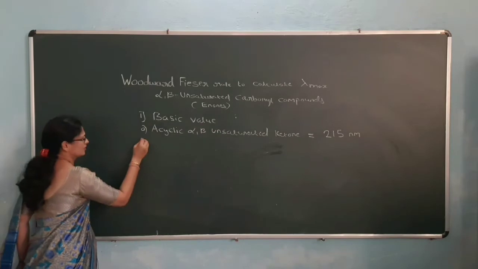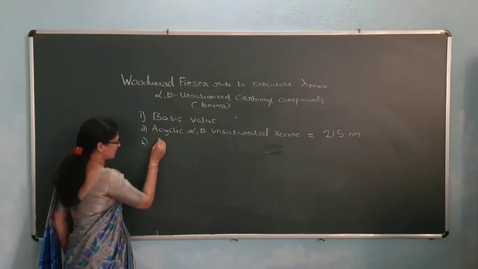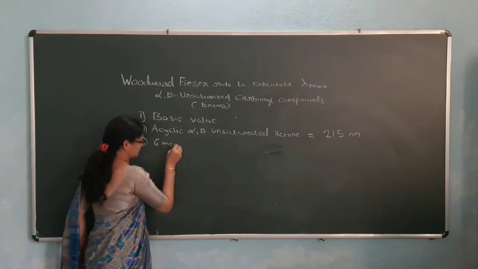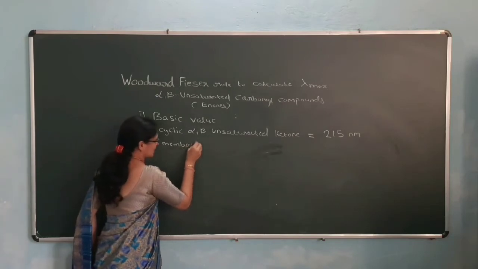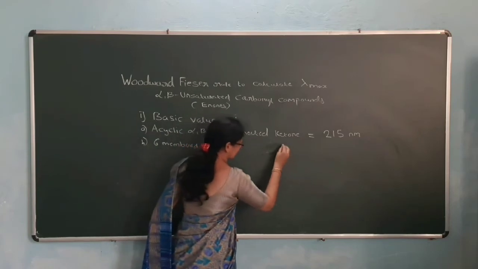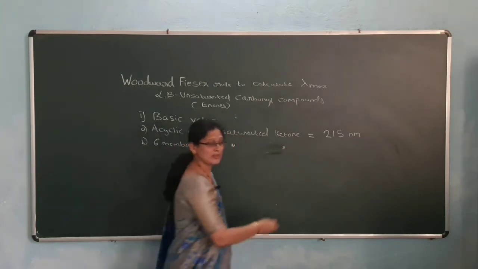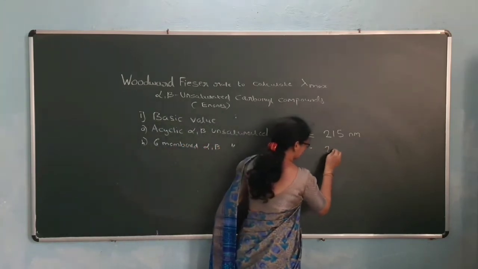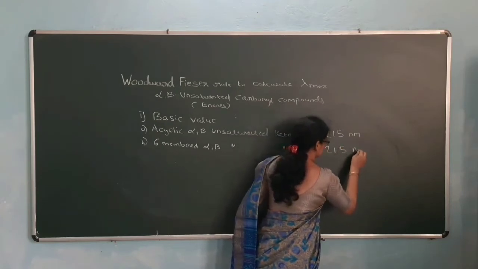Then the second one, if it is a six membered alpha beta unsaturated ketone, then again the value remains the same, that is 215 nanometer.